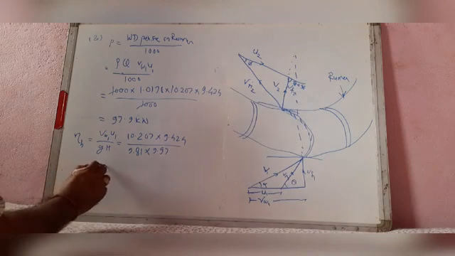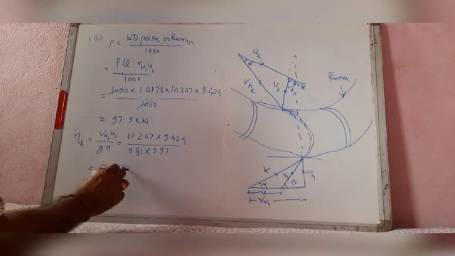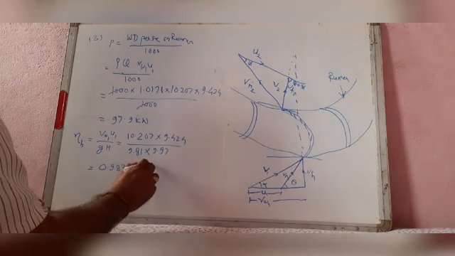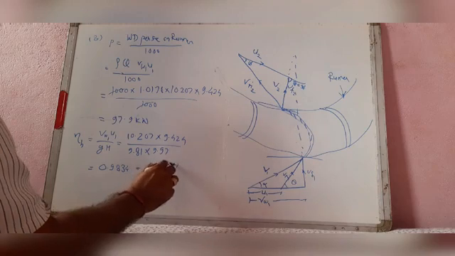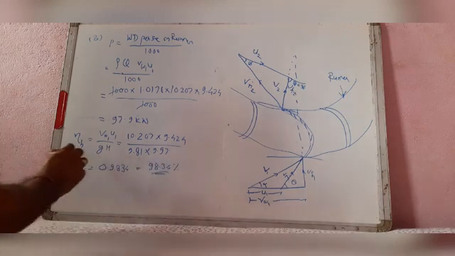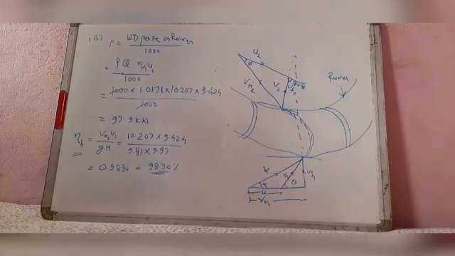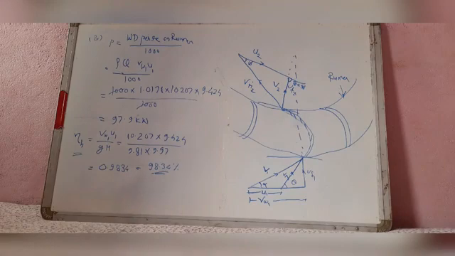So this is 0.9834, that is 98.34% is the hydraulic efficiency of this type of turbine. As this is a very large question, and it has been asked sometimes for 16 marks, you should solve many more questions like this from the question paper. Thank you.